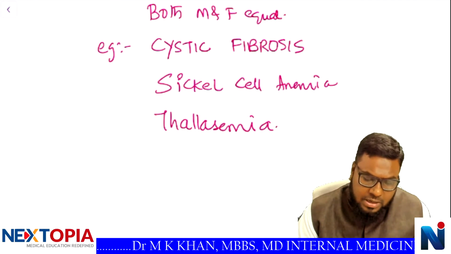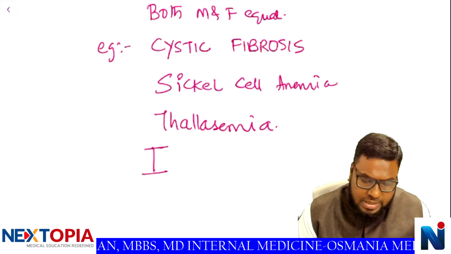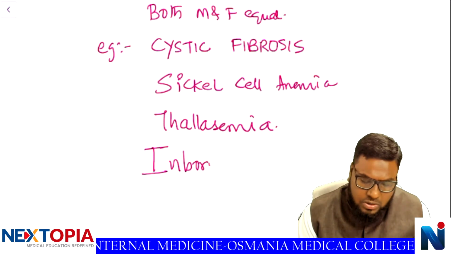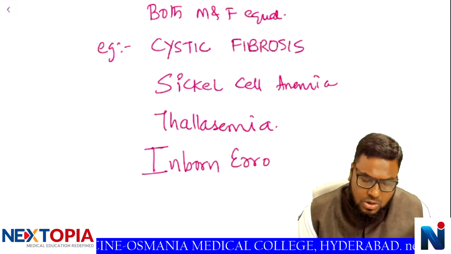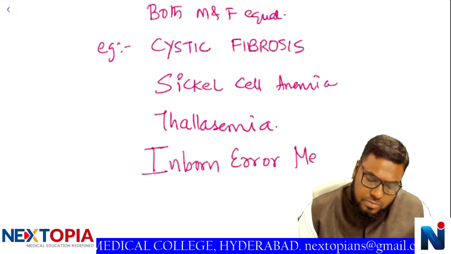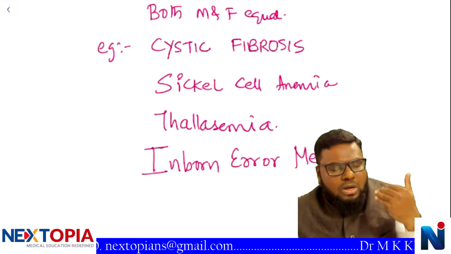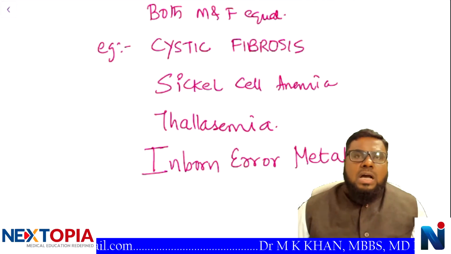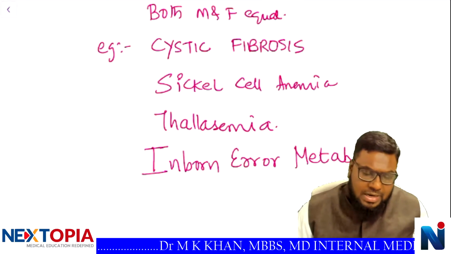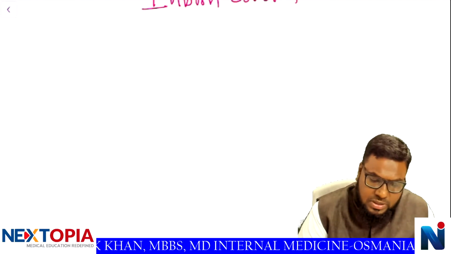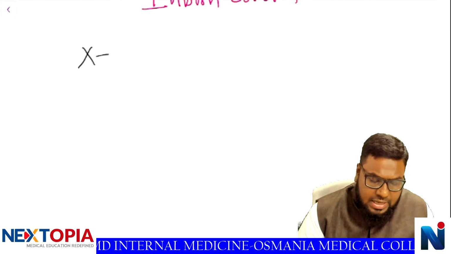For example, you remember all the inborn errors of metabolism are autosomal recessive. Or all the enzyme deficiencies are autosomal recessive. Please remember this one. Similarly, we have got a third type of inheritance disorders called X-linked diseases.